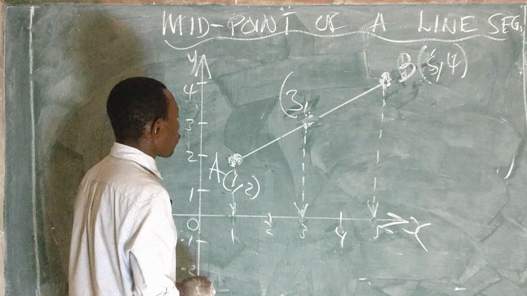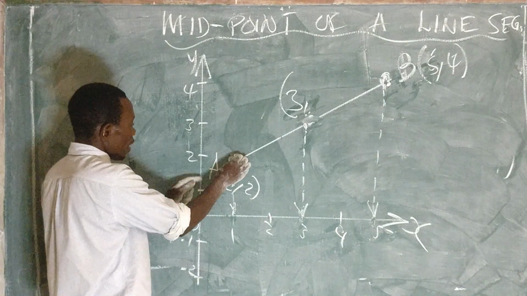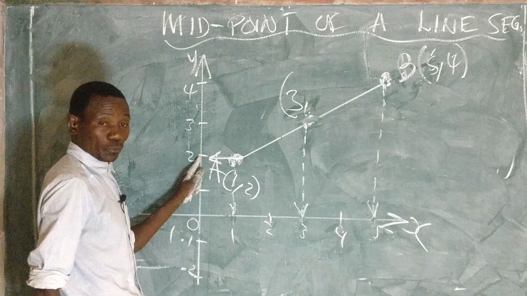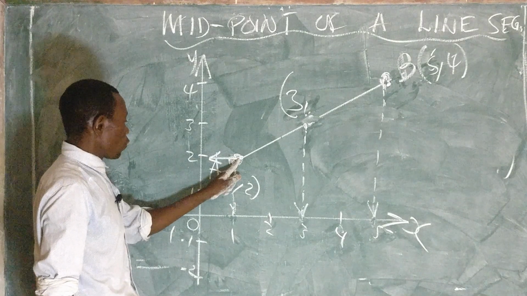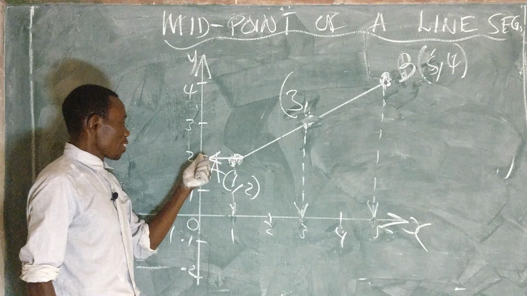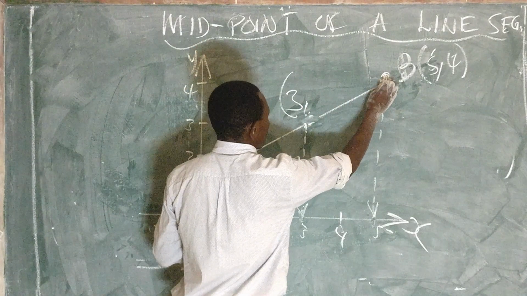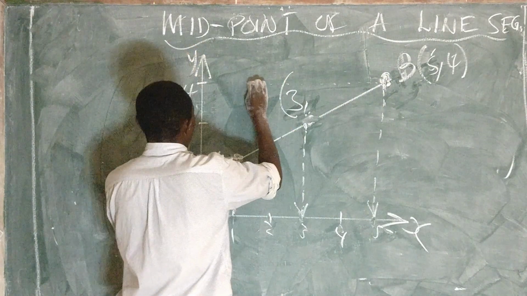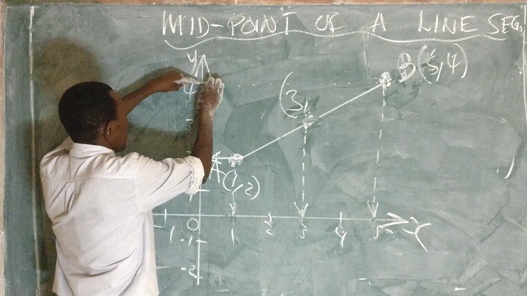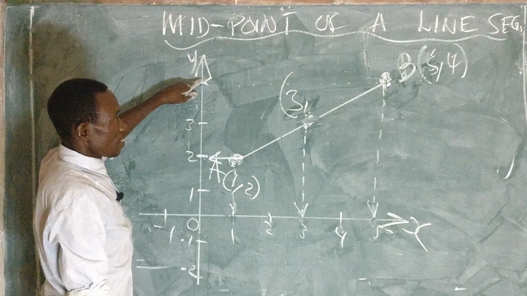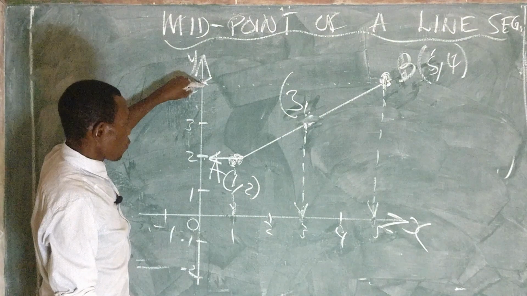And again, if I go up, at A the value of y is 2. So on the y-axis, I'm at 2. The moment I'm at B, if I go to the y-axis, I will know that the position is 4. So the y there is 4.